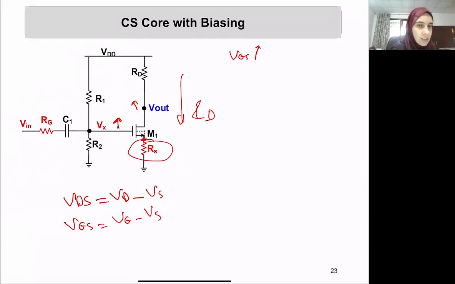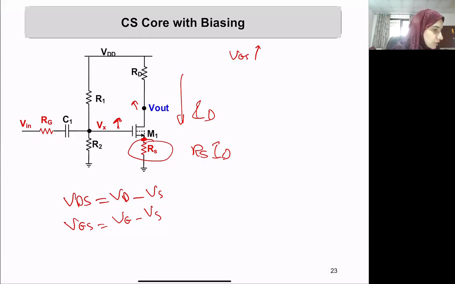And once ID goes up, the voltage VS here is RS times ID. So this voltage drop across RS will also increase because the current increased.